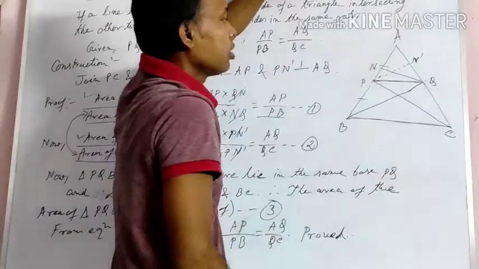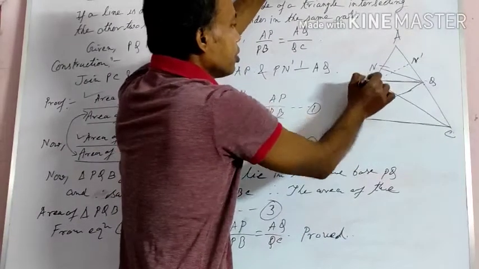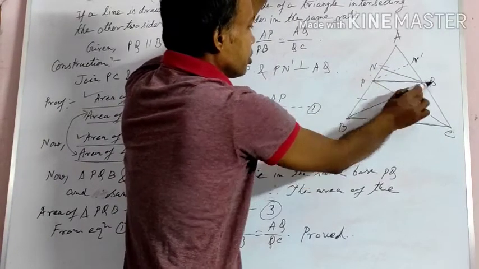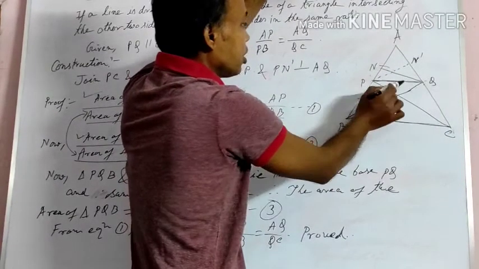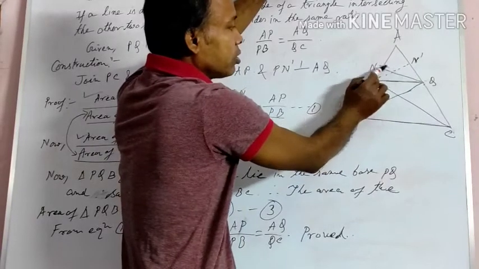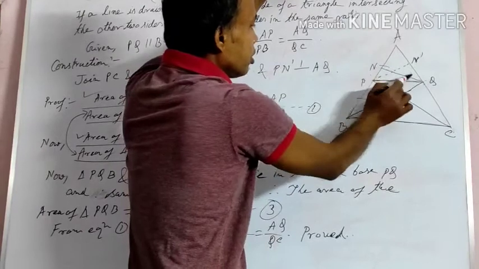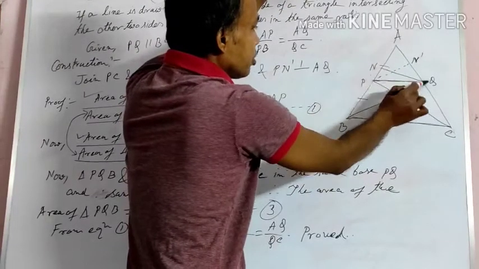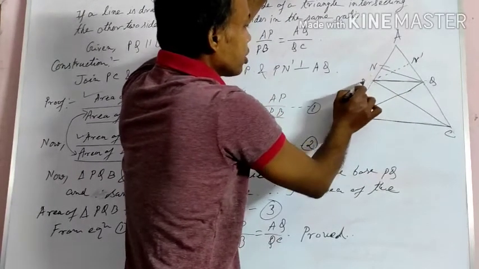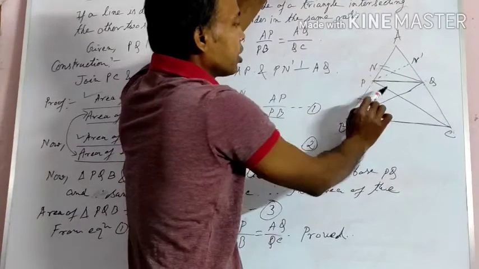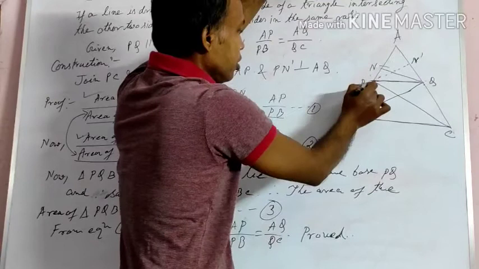Area of APQ is half base into height, and area of PQB is half base into height. The height is the same for both, QN, so half and height cancel out, leaving AP by PB.